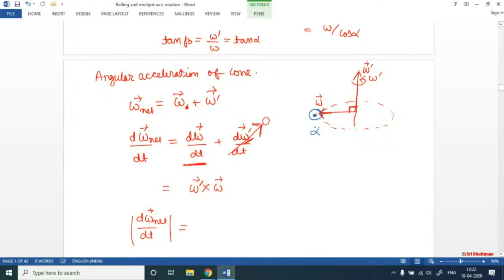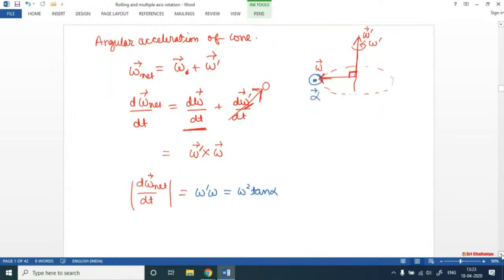This would be the direction of alpha, and its magnitude is simply omega dash times omega, which is equal to omega square tan alpha. So we have established the direction as well as the magnitude of angular acceleration.